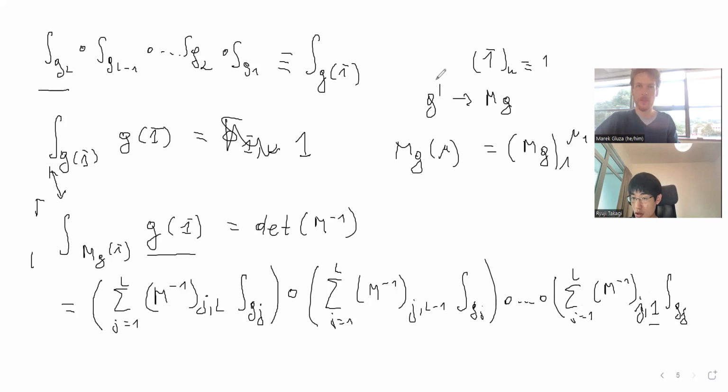This is 1. Let me maybe highlight the ones that are important. This is changing, this is changing, and this is changing, and that's defining the integrals there. And then I have G of 1. So what I achieved is that the integrals are the same.